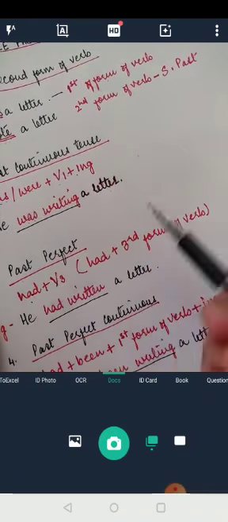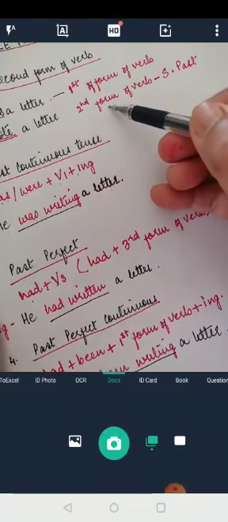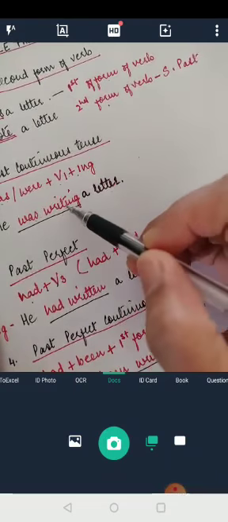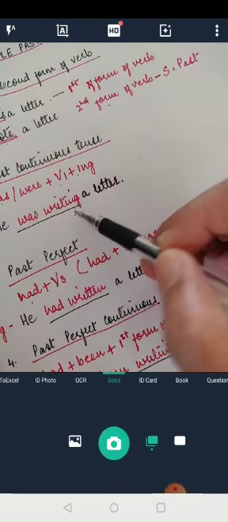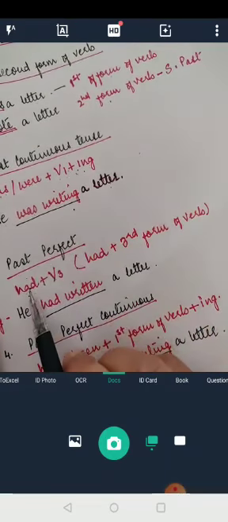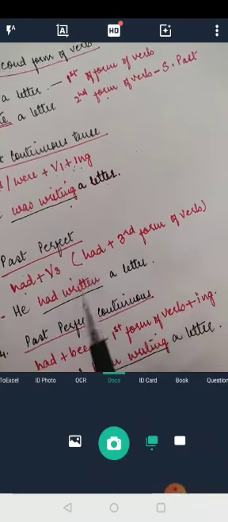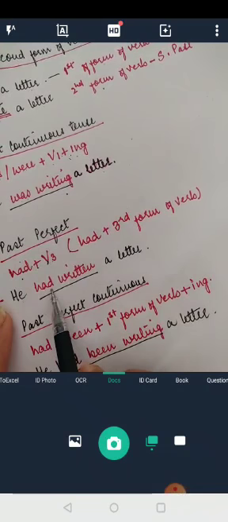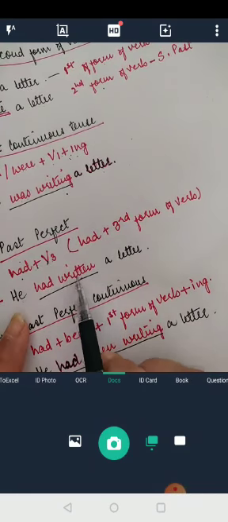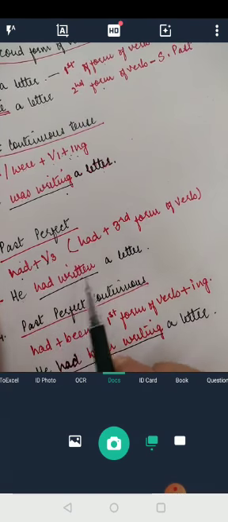In simple past the verb is in the second form. In past continuous the verb is in the first form with ing added. In past perfect we have had plus the verb in the third form. Now, he had written. What is the third form of write? That is written. He had written a letter.